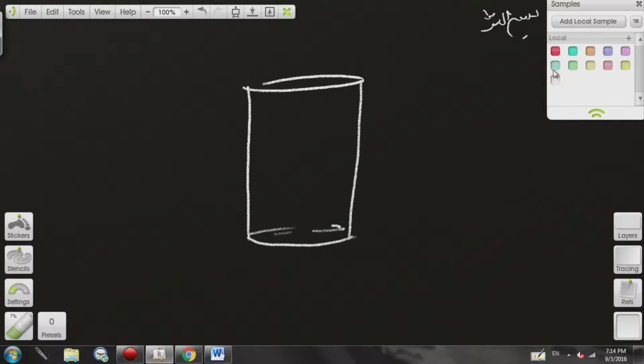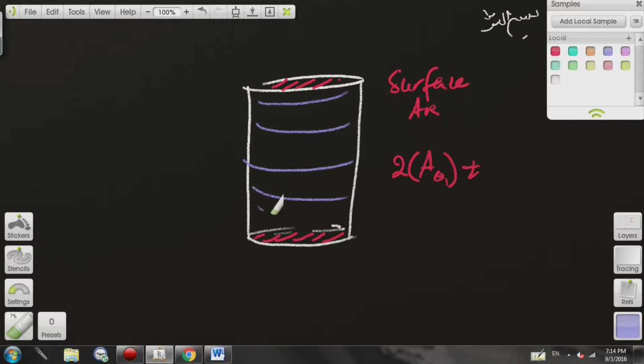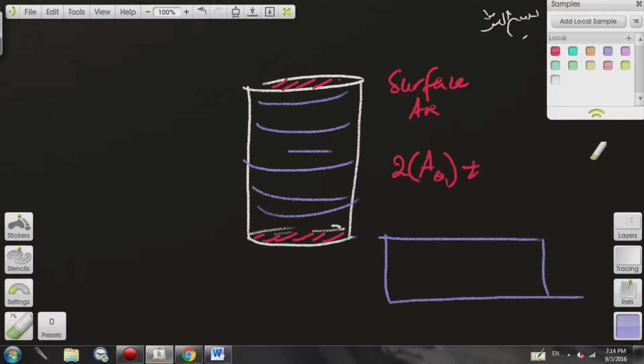The surface area of the cylinder is going to be the area of the bases. There are 2 of them, so 2 times the area of the circle. This is the total surface area, plus the lateral area. That's the side. And if you recall, the lateral area opens up into a rectangle. This is the height, and the length of this rectangle is going to be the circumference of the circle.